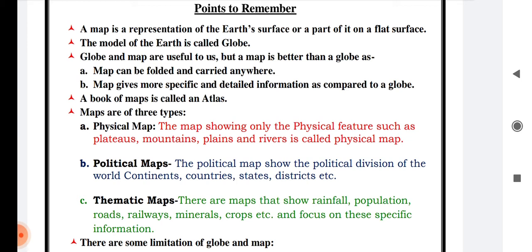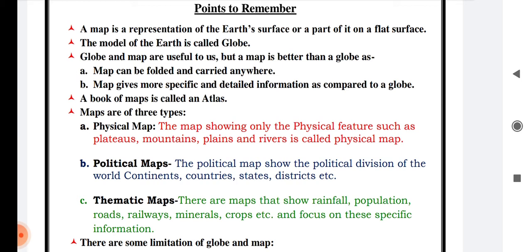And if again you want to study in another room, you can easily carry it. See, from your home to school, you bring the Earth along with you. But how? With the map, which you have folded inside and keep in your bag and bring to school, or from one room to the other.